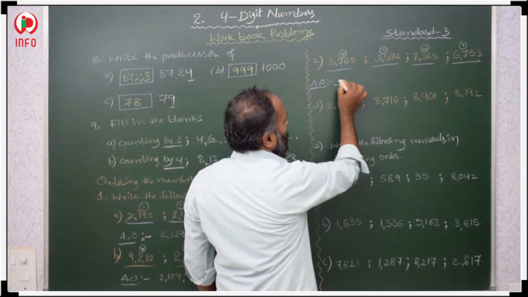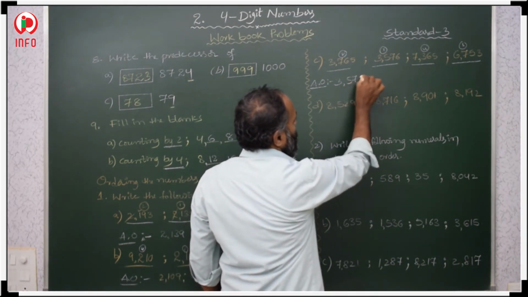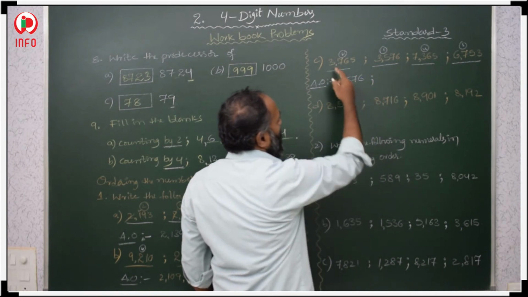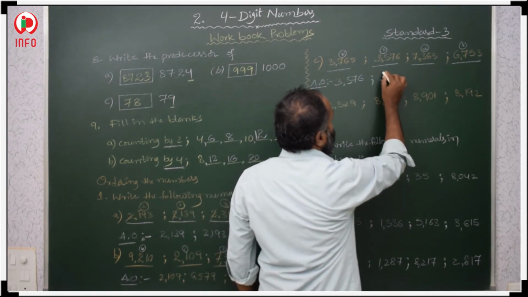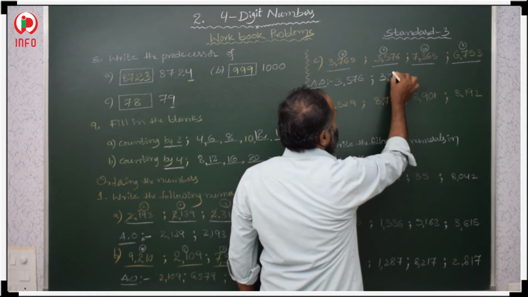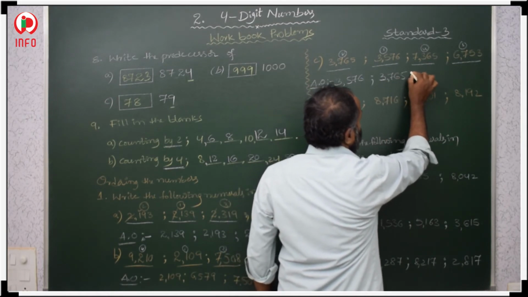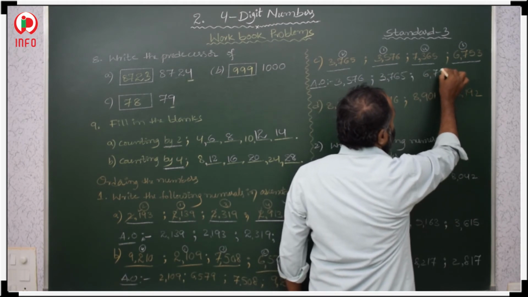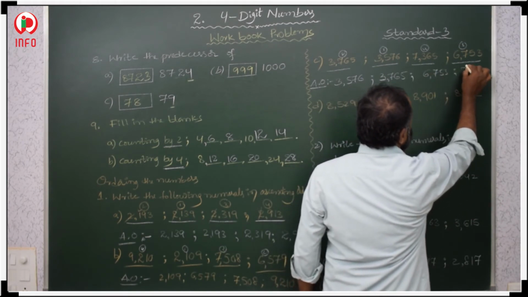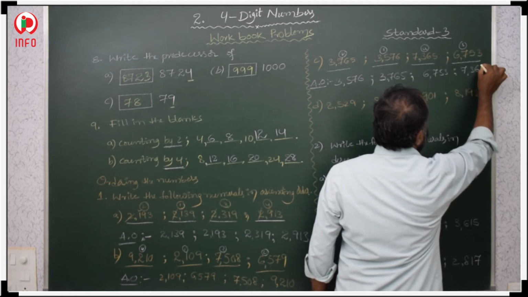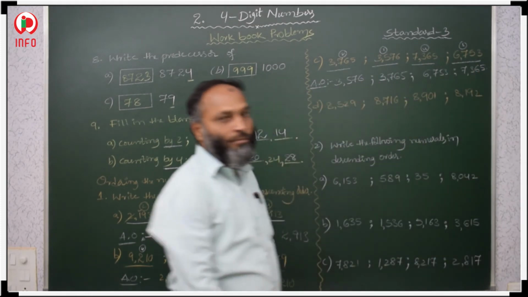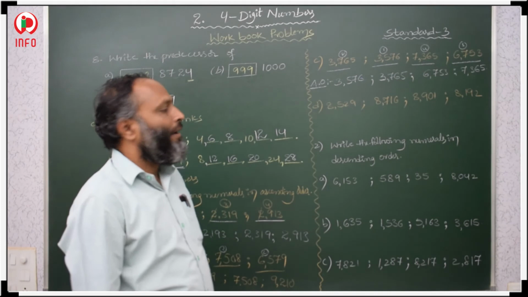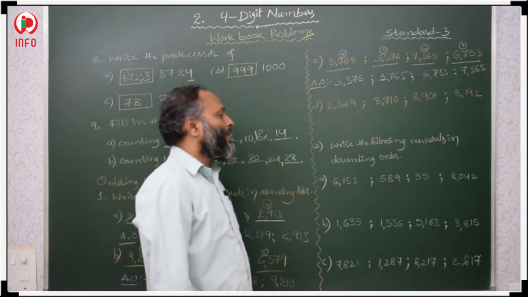First, 3576 is the smaller one, a little bit bigger, 3765, then a little bit bigger, 6753, and the biggest one, 7365. Ascending order, increasing order. All these are in increasing order.